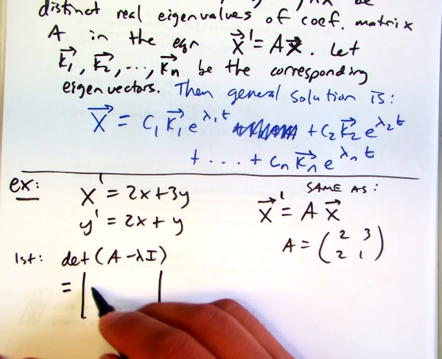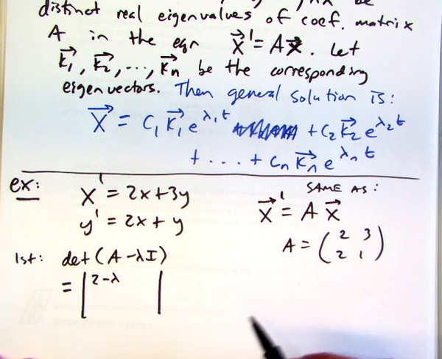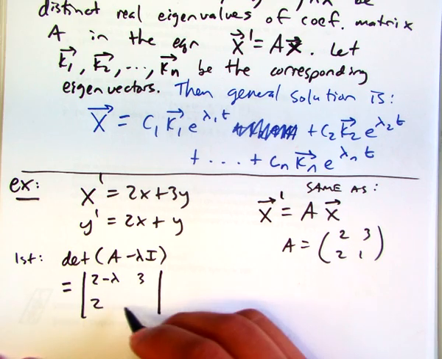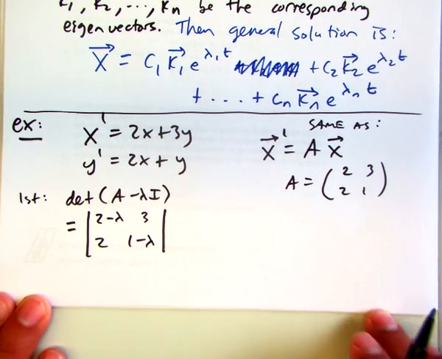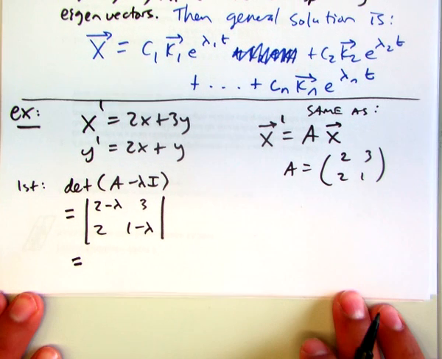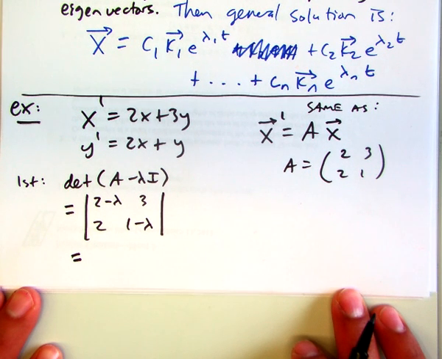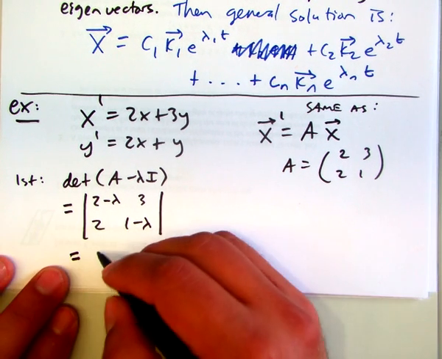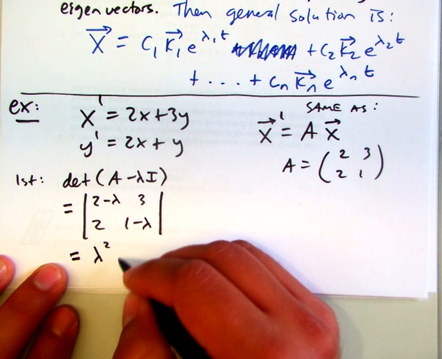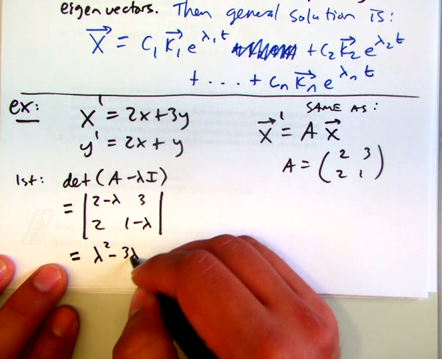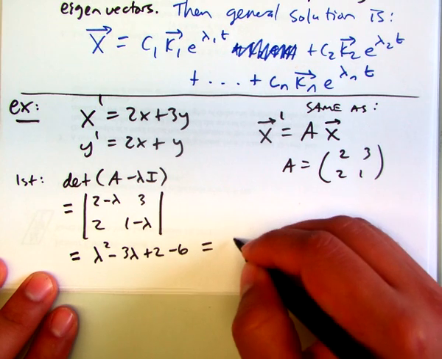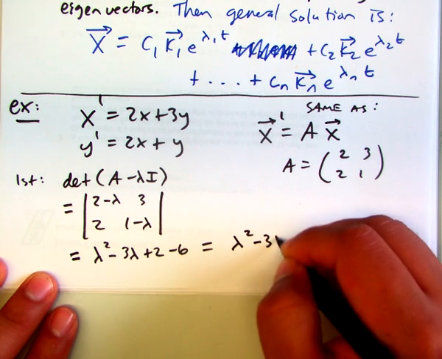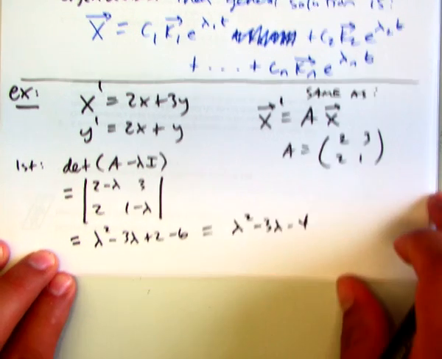So that'll be the determinant of 2 minus lambda, 3, 2, 1 minus lambda, which gives us the polynomial lambda squared minus 3 lambda plus 2 minus 6, which is the same as lambda squared minus 3 lambda minus 4.